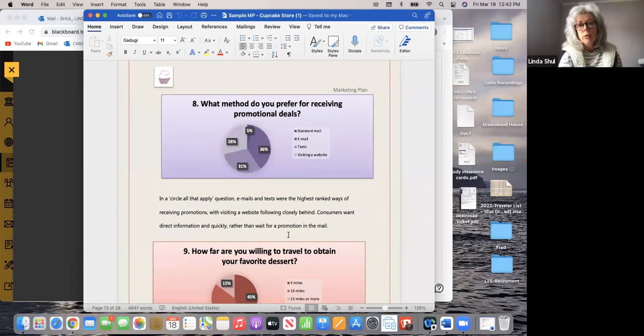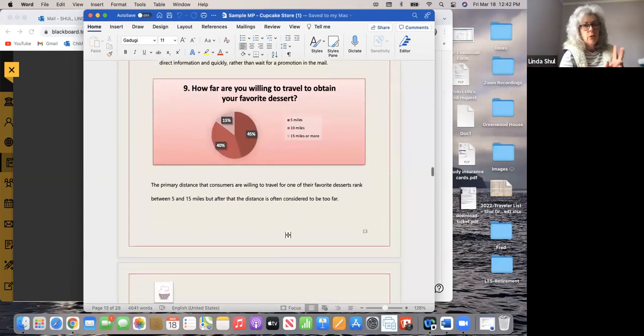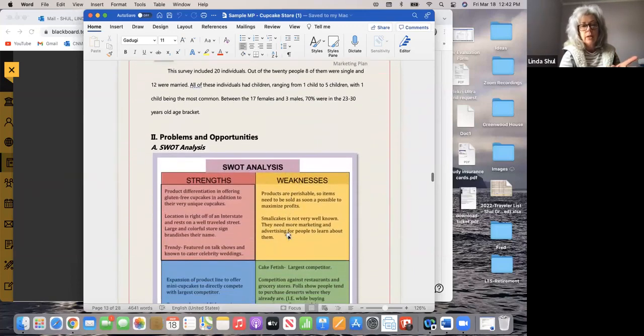This is an intro course. If you take another course at Towson or in your graduate program, you will have to do more statistics than this. I'm just asking for simple percentages, means, averages. You don't have to do anything too much.